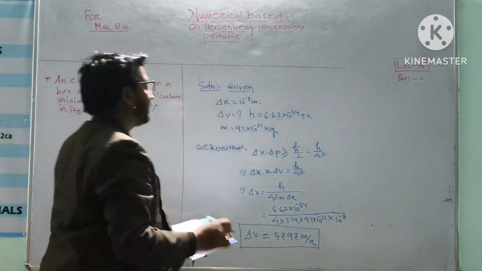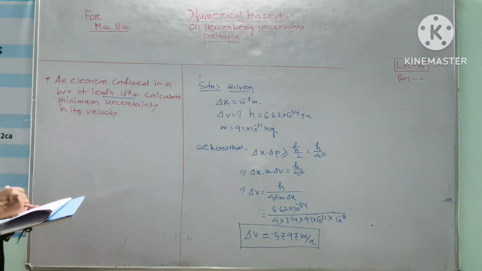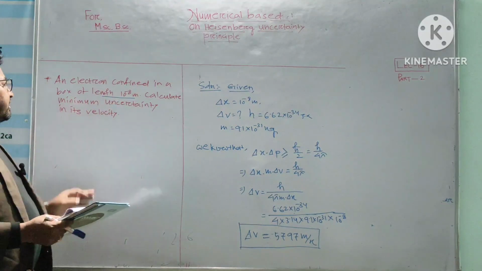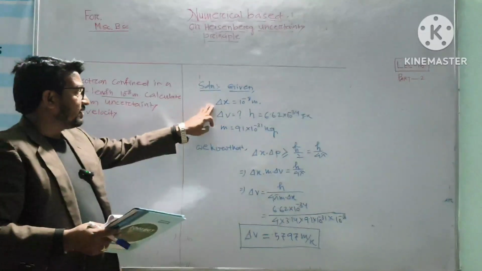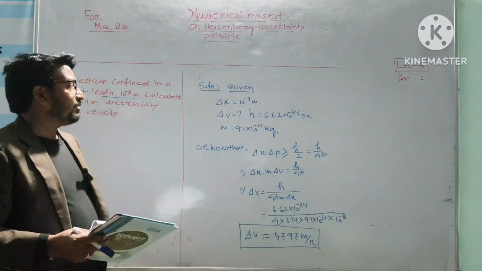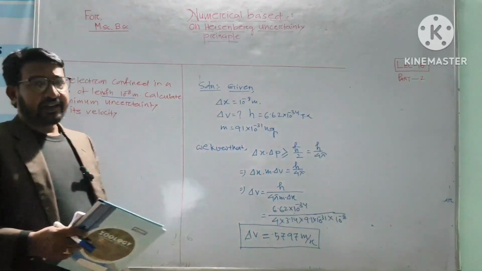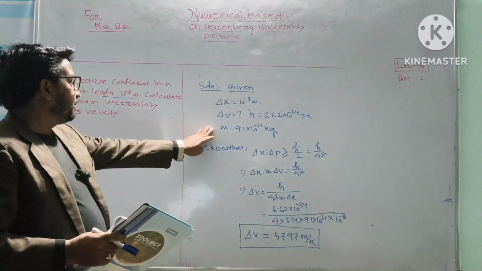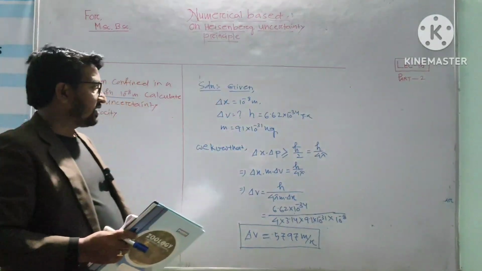For your better understanding, I am going to repeat this once again. The statement of this question: an electron confined in a box of length 10 to the power minus 8 meter. Calculate the minimum uncertainty in its velocity. Given uncertainty in position delta x equals 10 to the power minus 8 meter, and delta v equals what? h, the Planck constant, equals 6.62 into 10 to the minus 34 joule second, and the particle is an electron, so the mass of the electron equals 9.1 into 10 to the minus 31 kg.